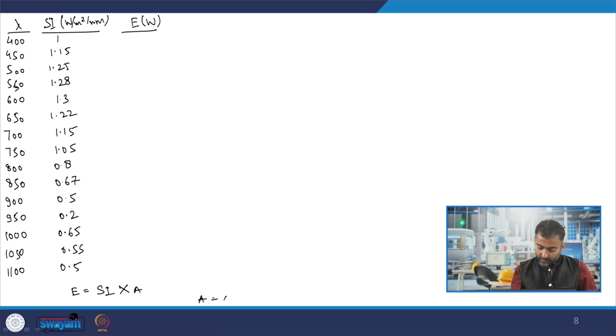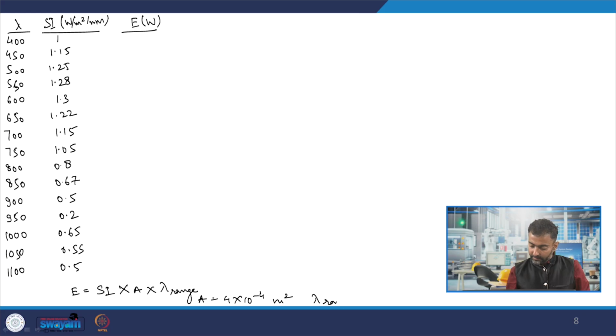So the area will be 4 into 10 to power minus 4 meter square, multiplied by the lambda range, because we have assumed that the spectral intensity is a flat value in that particular range of wavelengths. In a 50 nanometer range we are assuming a flat value of the spectral intensity. That is why we multiply by the lambda range.